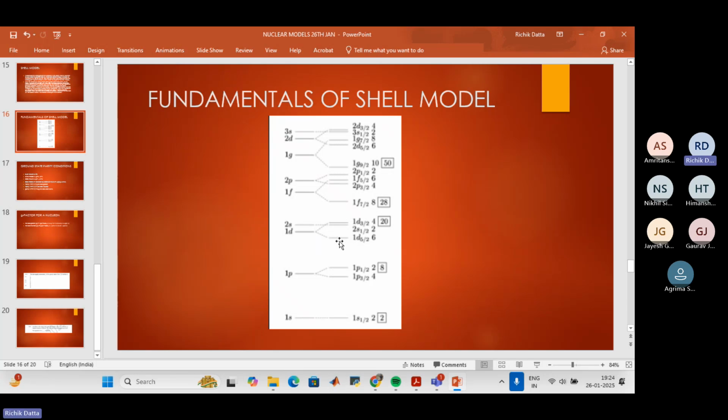Physically I am describing this, and mathematically we get (1s1/2)^2, (1p3/2)^4, (1p1/2)^2, and (1d5/2)^1. So that will be the shell configuration. I don't have the pen with me right now, but in the offline session I would describe it by writing on the whiteboard.